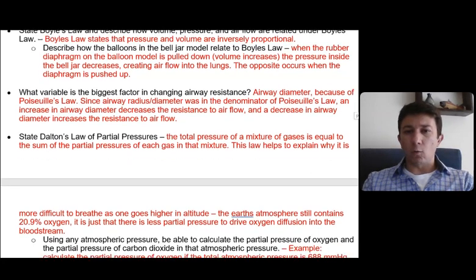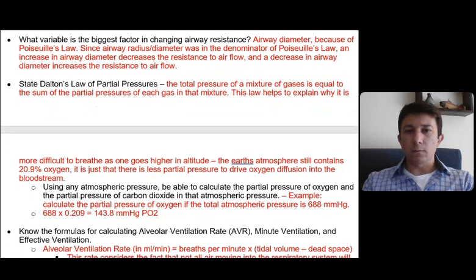Another factor or variable that's really quite important in determining airflow is called resistance. This was a variable that we saw with blood pressure, because we saw that blood flows from high to low pressure against resistance. So the lower the resistance, the better blood flow we're going to get. And it's the same way for air. Air behaves in a lot of the same way that blood does.